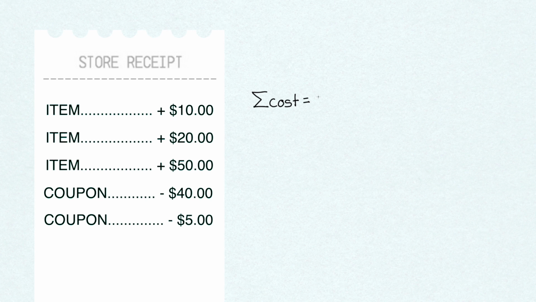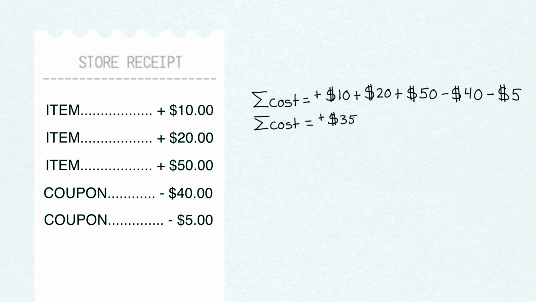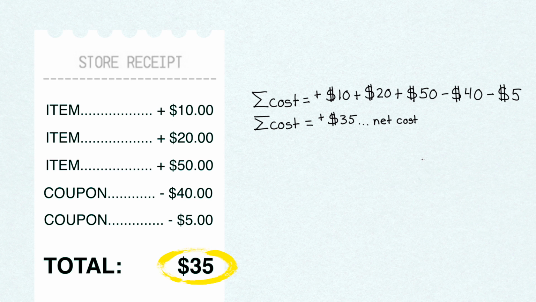We would do this: plus $10, plus $20, plus $50, minus $40, minus because it's a coupon, and then minus the $5 coupon. When it's all said and done, the $35 is what I actually pay the cashier. So the $35 is what we would call the net cost or the resultant cost.